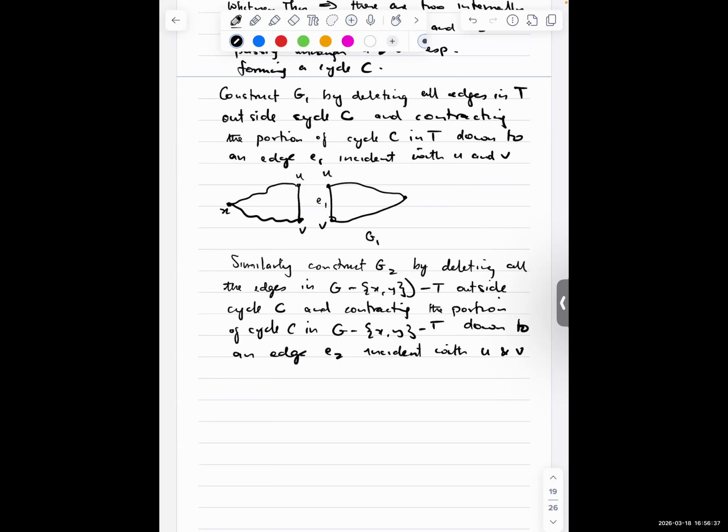So the intuition is you just take everything on the right and contract it down and do the same. There's only one detail.